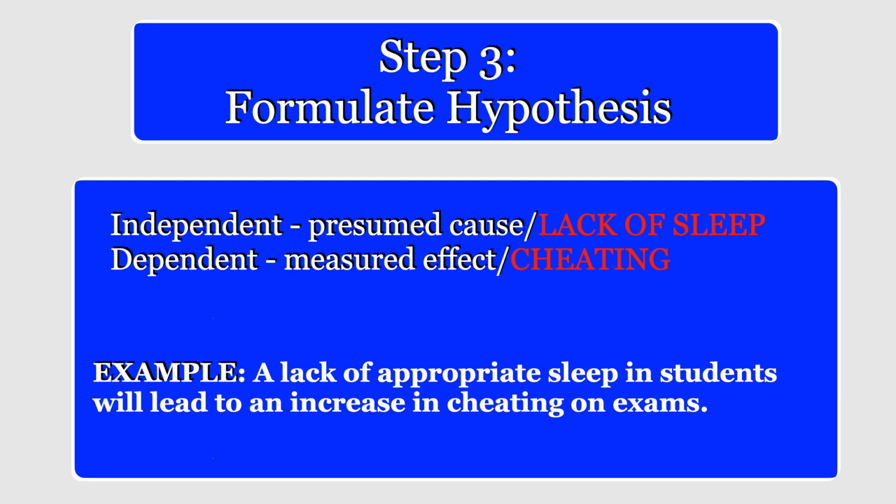So in this hypothesis, our independent variable, the cause, is our lack of sleep. The dependent variable, the effect, what's happening as a result of that lack of sleep, is we're more likely to be cheating on our exam, on our tests, in order to pass, get good grades, pass the class, graduate.